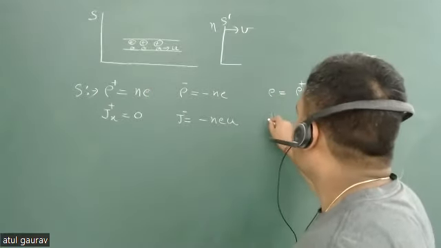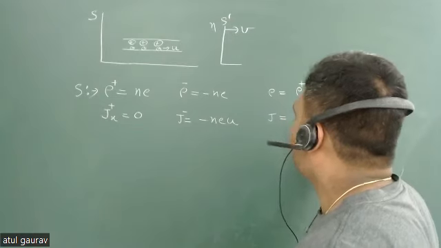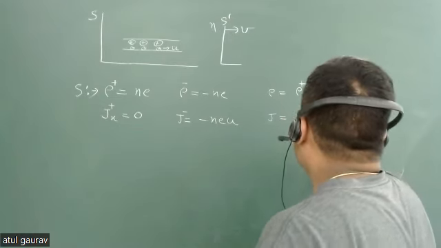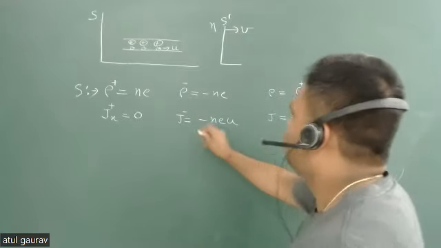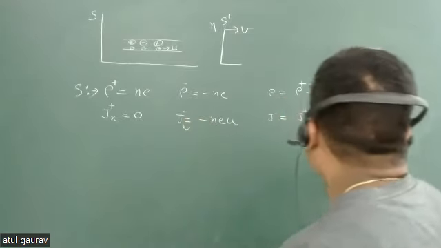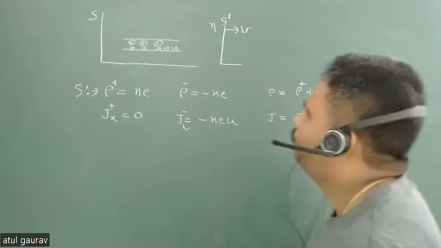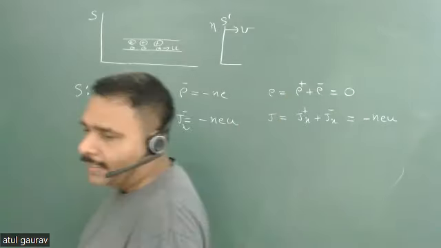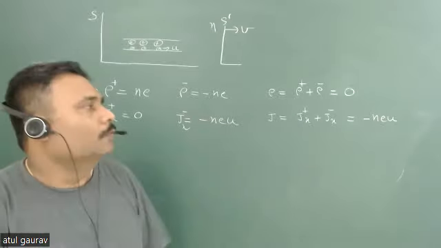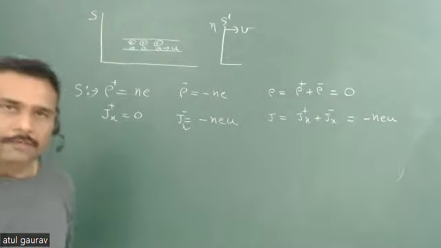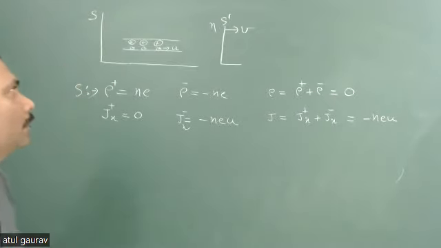And what about your complete current density J? You have Jx plus and Jx minus, and it is basically Jx minus. So what will be this value? Minus NeU. So you have current in the direction opposite to u. This is very fundamental, the plus-two level information we are just talking about.